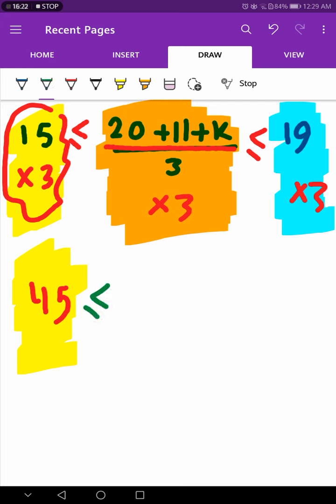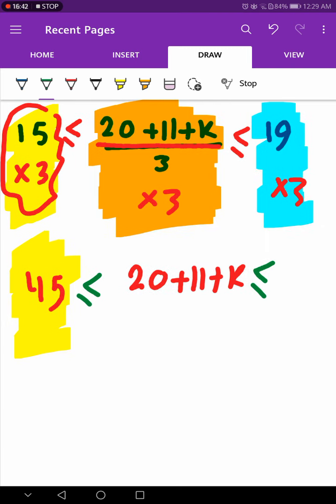And in the middle, it is 20 plus 11 plus k. And at the right side, you have 19 multiplied by 3, which is 57. Okay, my dear student.